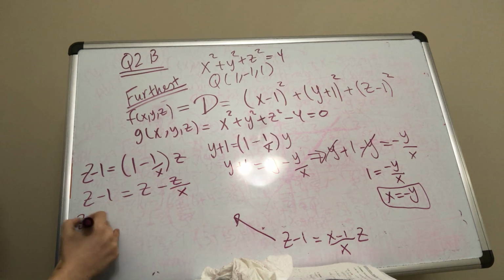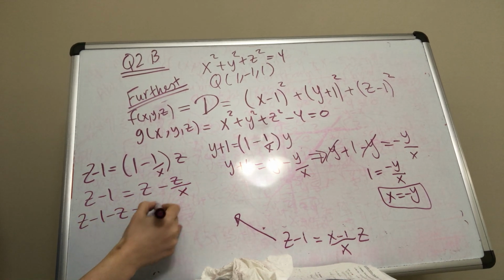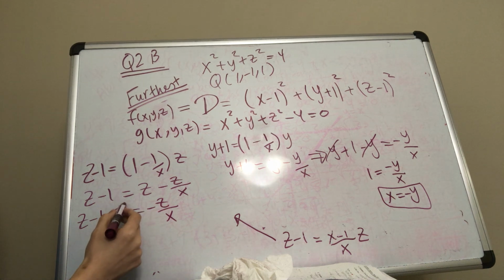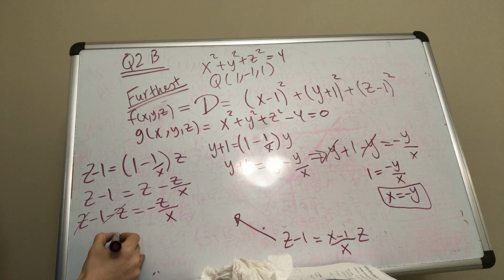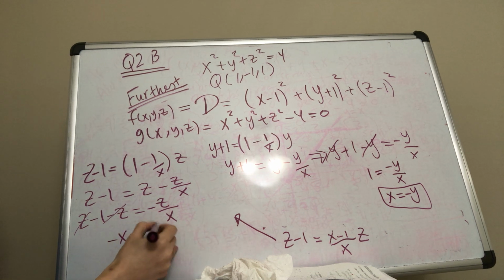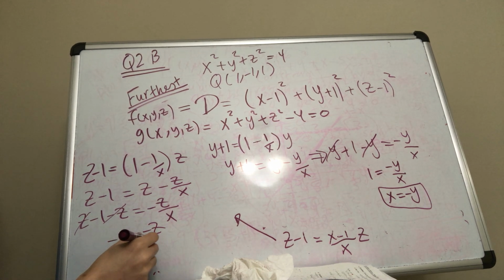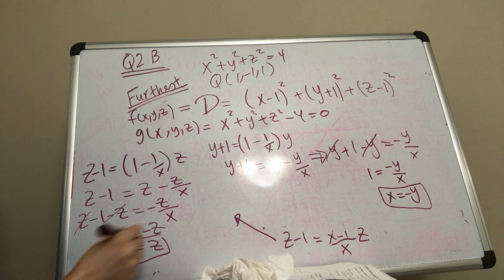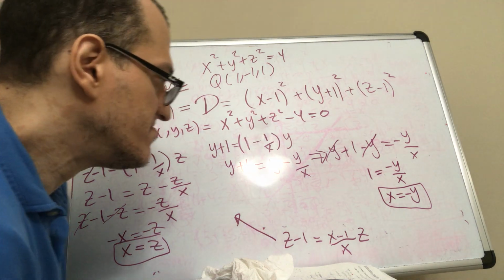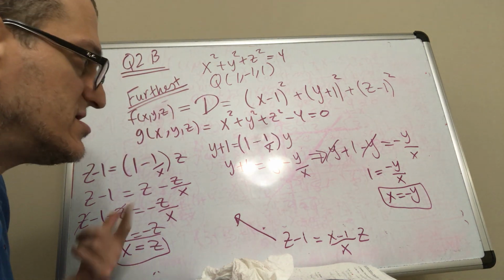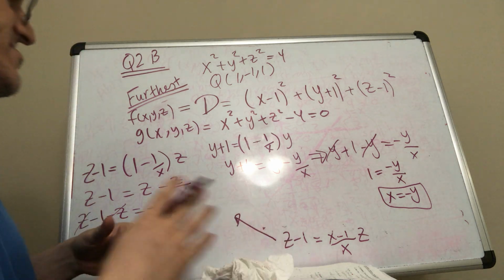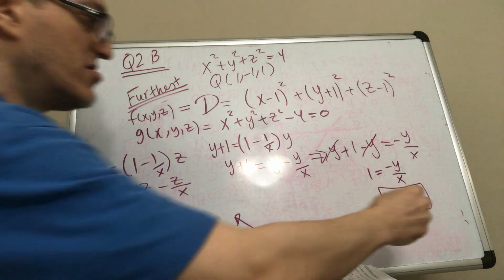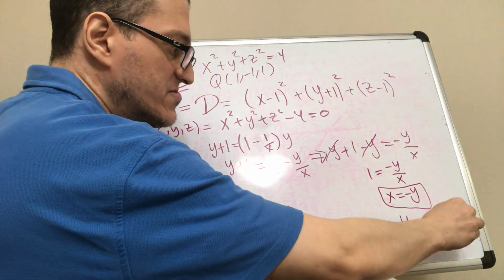You bring the z over, z and z cancel, do the cross multiplication, negative x equals negative z, or x equals z, basically. So, x equals z and x equals negative y, or y equals negative x, basically.